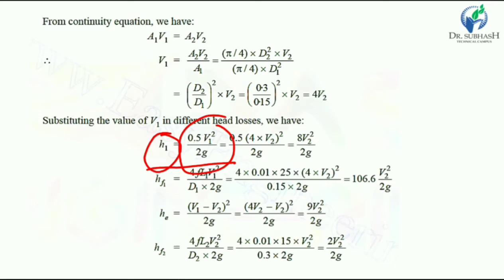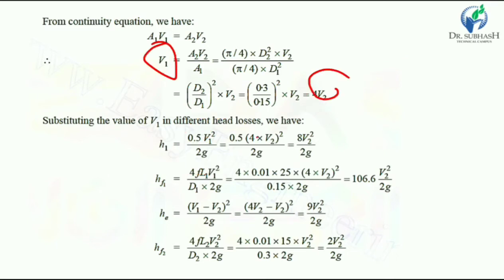Now we have V1, so put the equation of V1 in the form of V2, which is 4 V2. Finally we get this for the head loss due to the inlet.